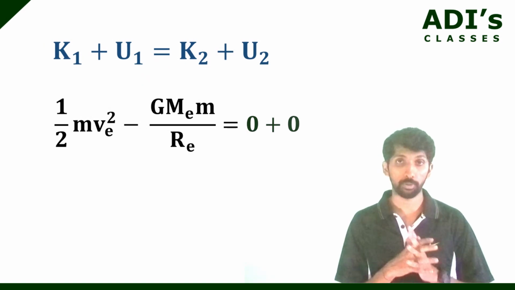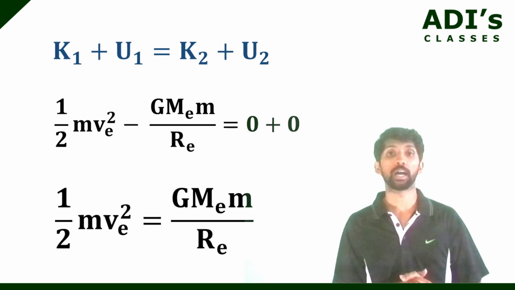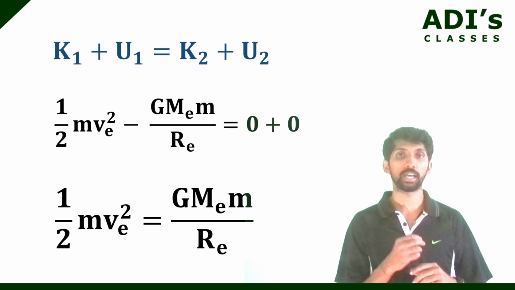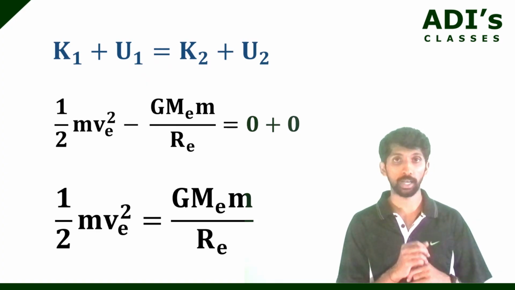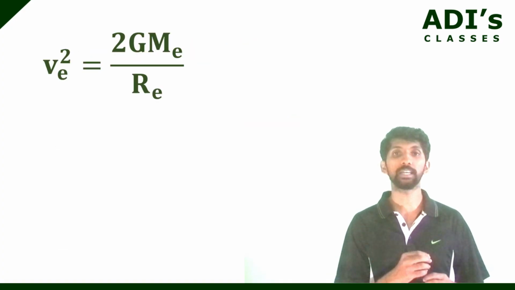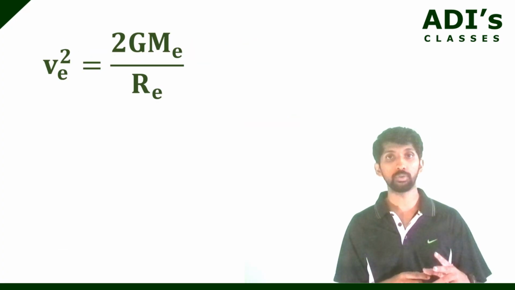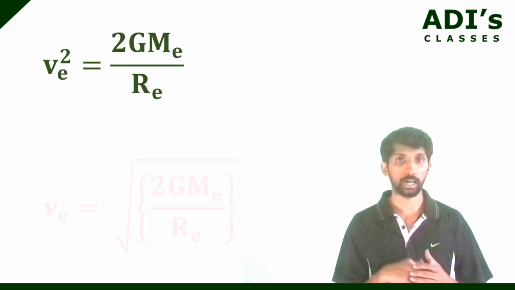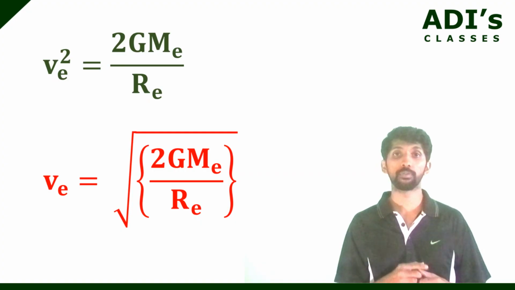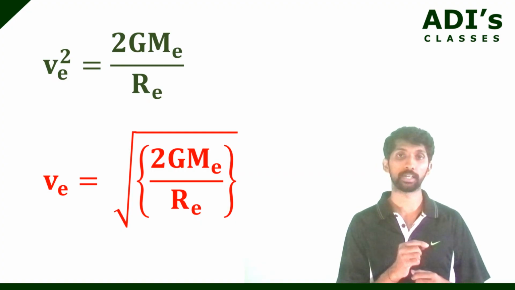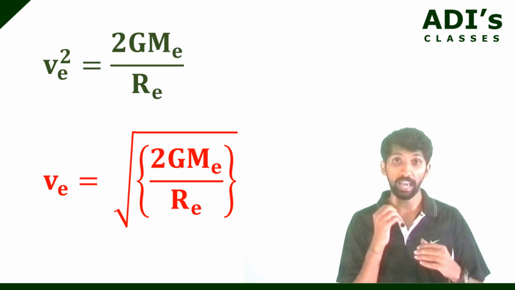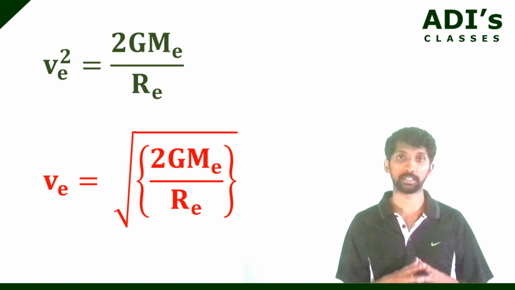Transposing the potential energy to the right-hand side, half m Ve square is equal to G Me m divided by Re. Now m and m get cancelled, so Ve square is equal to 2 G Me divided by Re, or Ve is equal to root of 2 G Me divided by Re. Now we have the expression for the escape velocity.